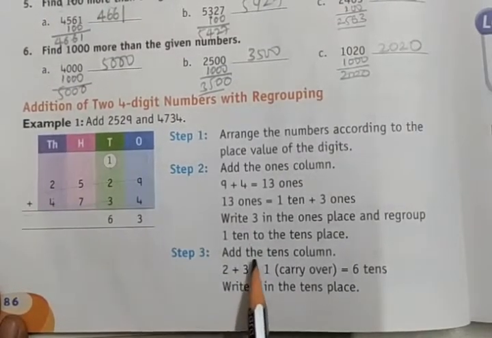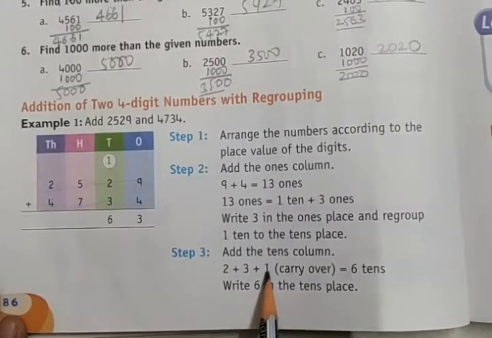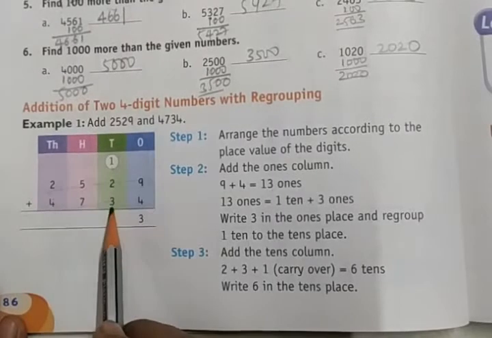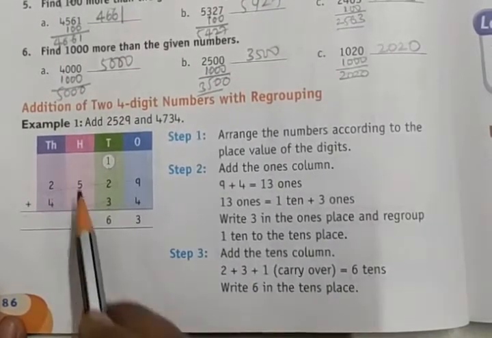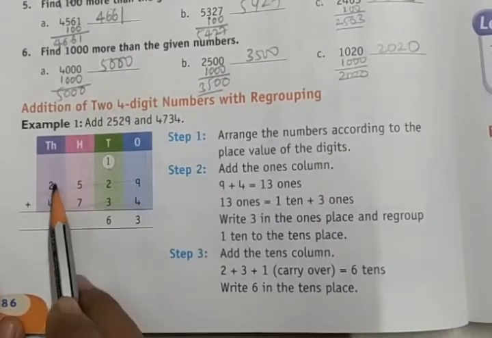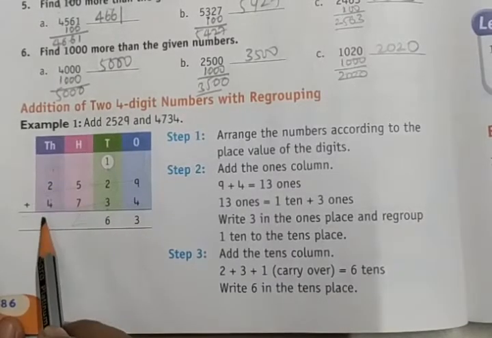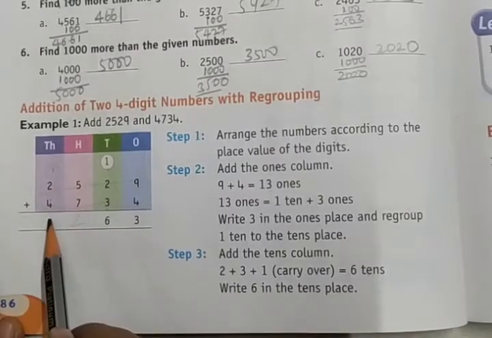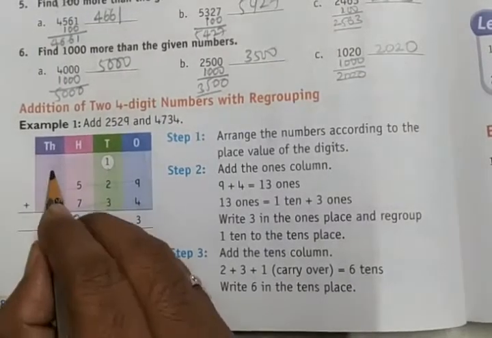Then add the tens column: 2 plus 3 plus 1, that is 1 carrying 1, plus 2 plus 3, that's equal to 6. Write down 6 in the tens place value and add the hundreds place value. 5 plus 7 is equal to 12. Write down 2 here and carry 1.